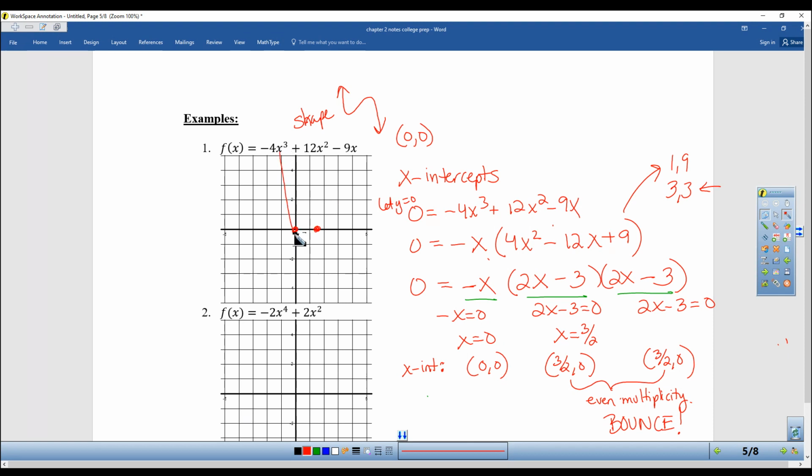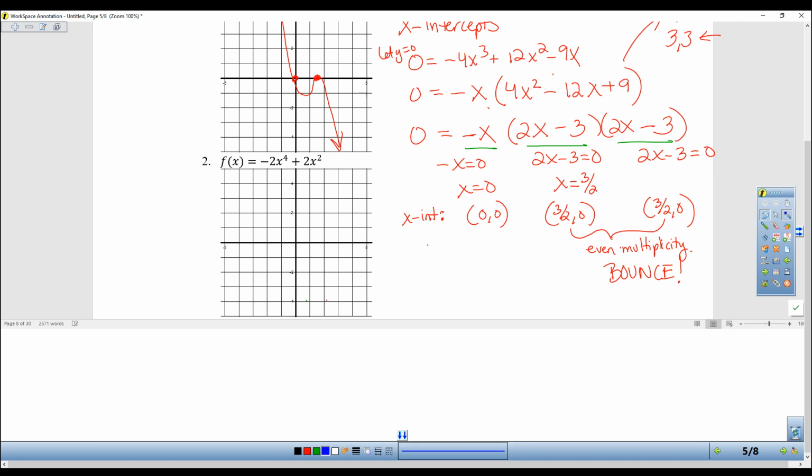It comes down, it bounces, and that way you still only have the 2 zeros. If you actually went through that by accident, you'd have to come down and you'd have a brand new 0 that didn't even exist. Okay. So did we plot additional points? No, if you've got a good enough graph with good shape and the x and y intercepts, you're good to go.